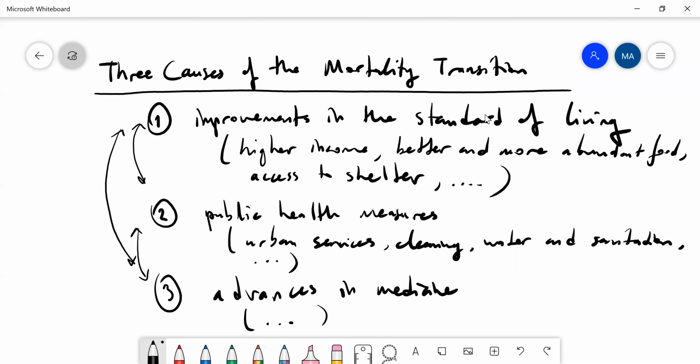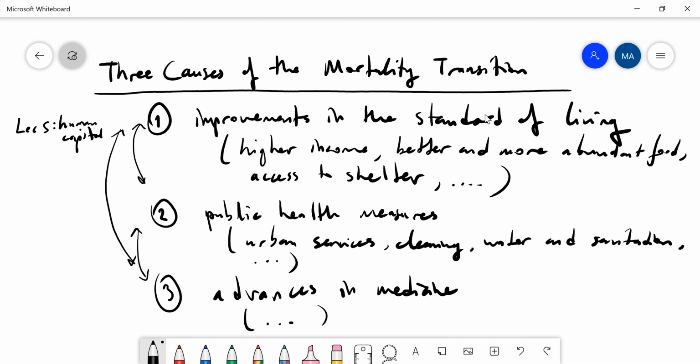Then of course you have advances in medicine, or public health measures in place, that also increase people's living standards. Then people become more productive and improve their standard of living, etc. So there could be certain linkages between them, and we're going to cover some of these next week when we talk about human capital.